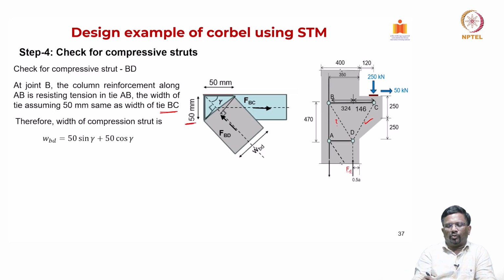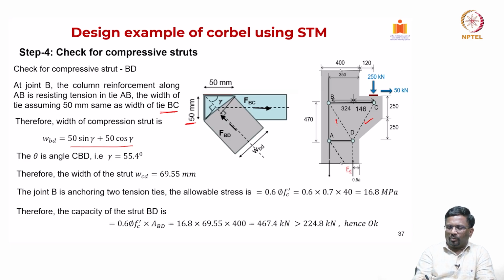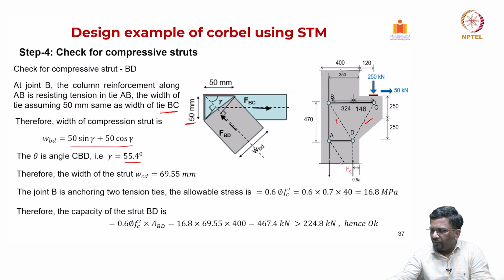If you take both of them, the width of this strut is going to be 50 times sin gamma plus 50 times cos gamma, and gamma from geometry works out to be 55.4 degrees, that we have already calculated. If you substitute that, you get the width of the strut BD as 69.55 millimeter.